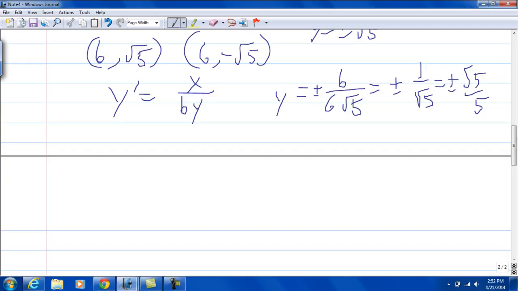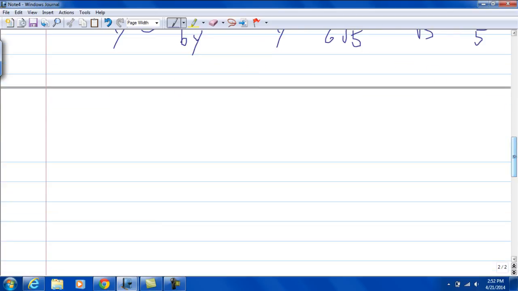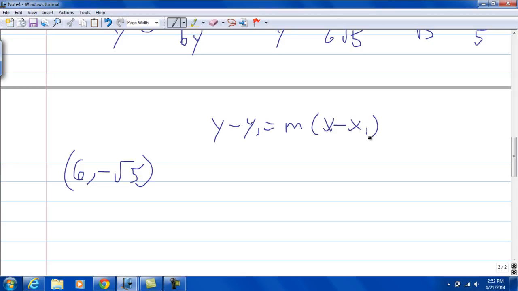So we have a couple of things to consider. I have the point 6, negative square root of 5. The equation of the line is going to be y minus y1 equals m times x minus x1, the point-slope formula.